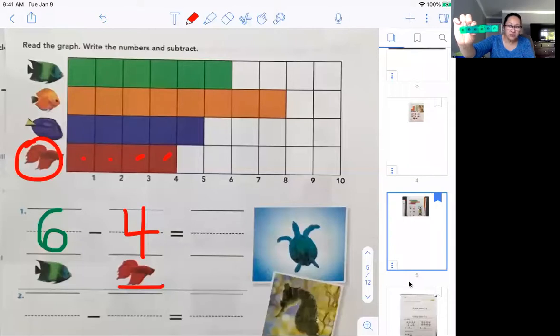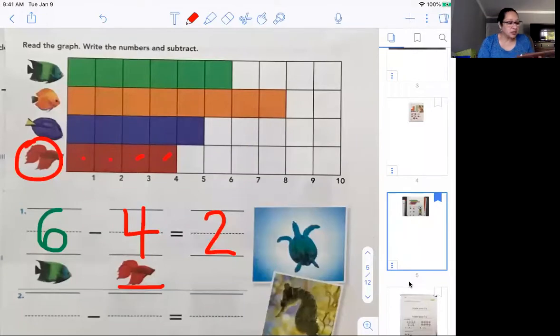I'm going to take away 4. How many is left? I took away 4, right? You had 6. And now I take away 4. And there's 2 left. So that's what your answer is going to be. So you're going to write 2 right here.